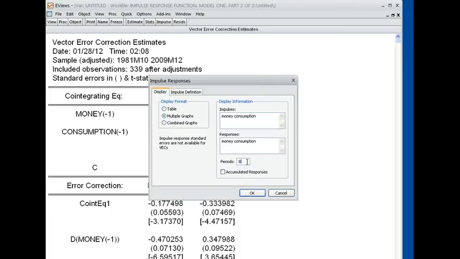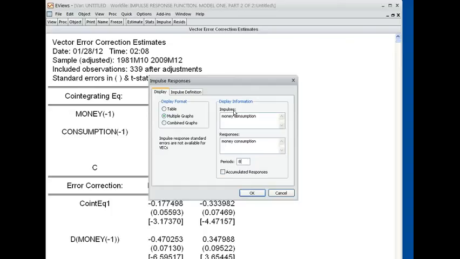Of course we can choose more than 8, but suppose I choose 8 months into the future, because our data is monthly.